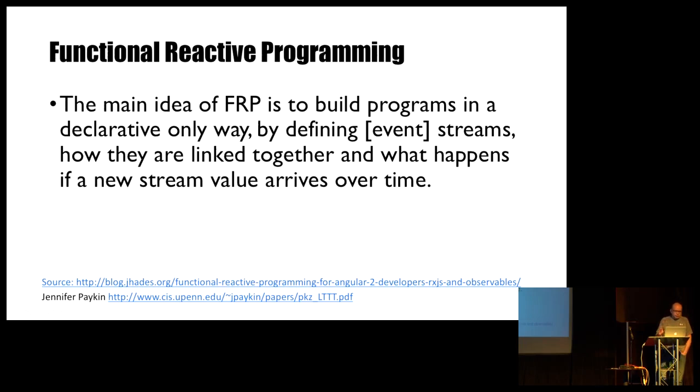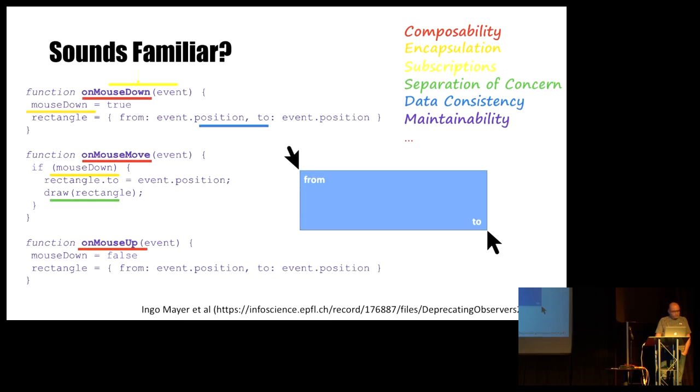It's about building programs in a declarative way by defining event streams, how they link together, and what happens if a new stream value arises over time. To be honest, I don't see any difference with that picture. There's streams that you don't see in that picture, but I don't see a lot of differences.